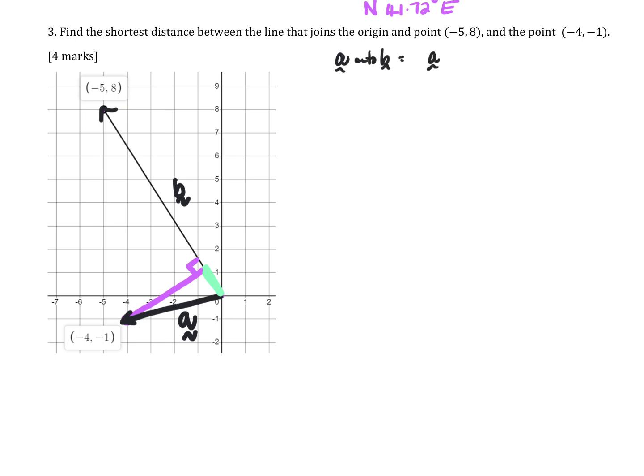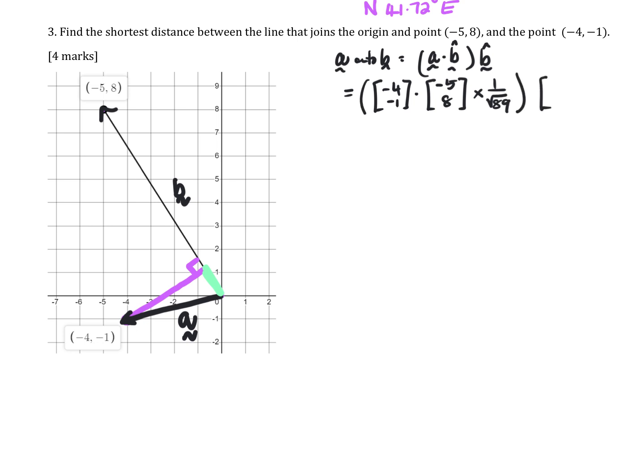equals A dot b hat by b hat. Okay, so we have A, which is -4, -1, dot b hat. Well, b is -5, 8, and then we're going to multiply that by 1 over root 89 to make it a unit vector there. And then we're going to multiply that by b hat, which is -5, 8, multiplied by 1 over root 89.